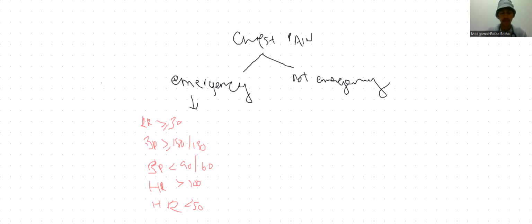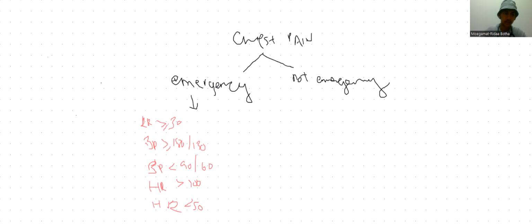Then also in an emergency setting, the patient will say, doctor, the pain is severe. Severe is a very important keyword. Also new pain or discomfort in the center or left side of the chest. I'm rather going to classify this using SOCRATES, an acronym I love to use.